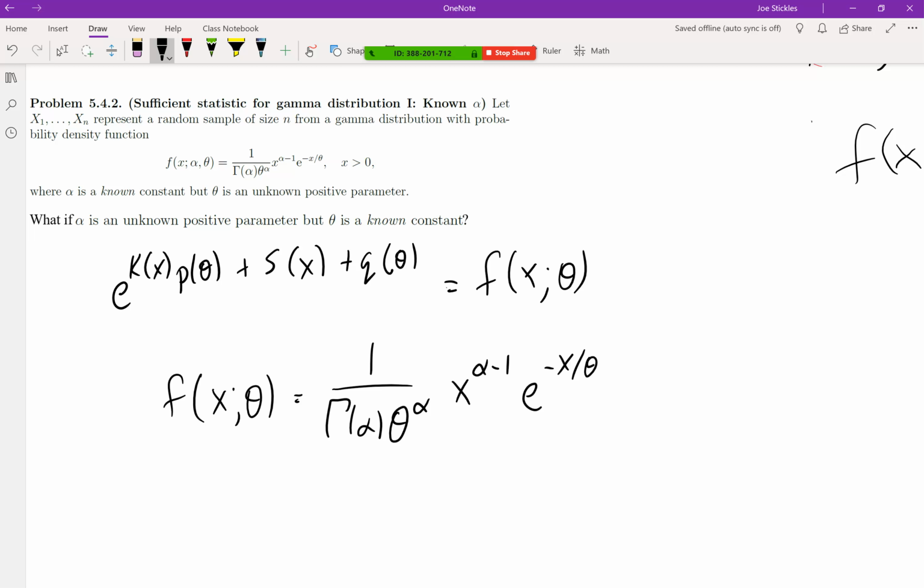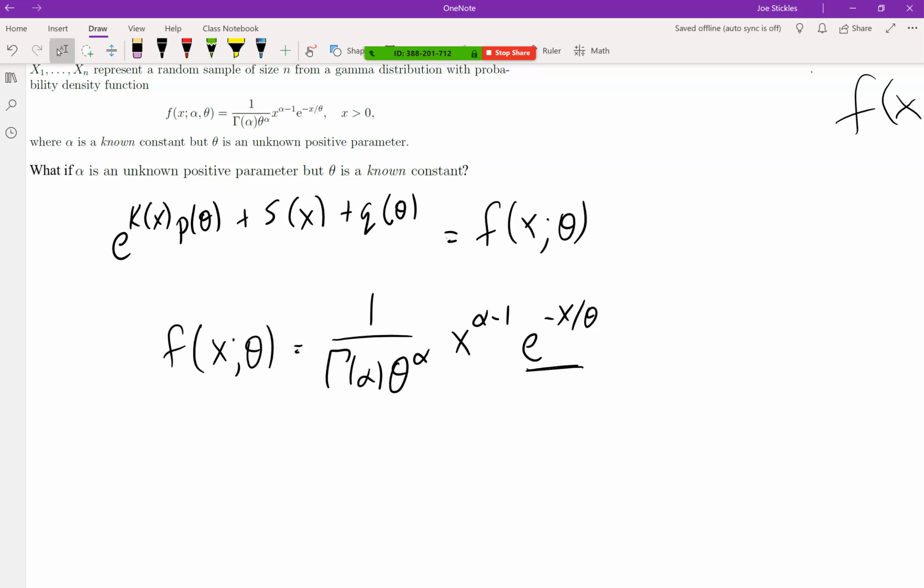The last part already is e to the power, so I don't need to mess with that e to the minus x over theta piece at all. For the rest of it, we just do our trick of writing it as e to the natural log, taking this whole piece and putting it inside the natural log.